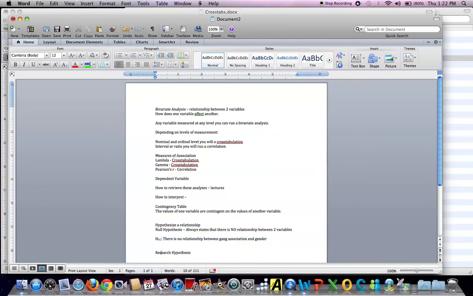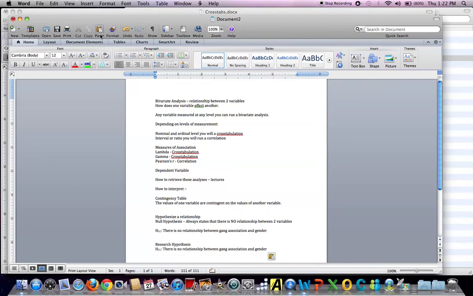I'm just going to copy and paste this, because the research hypothesis is similar, but nonetheless different. The research hypothesis would be stated with an H1, and you would say there is a relationship between gang association and gender.